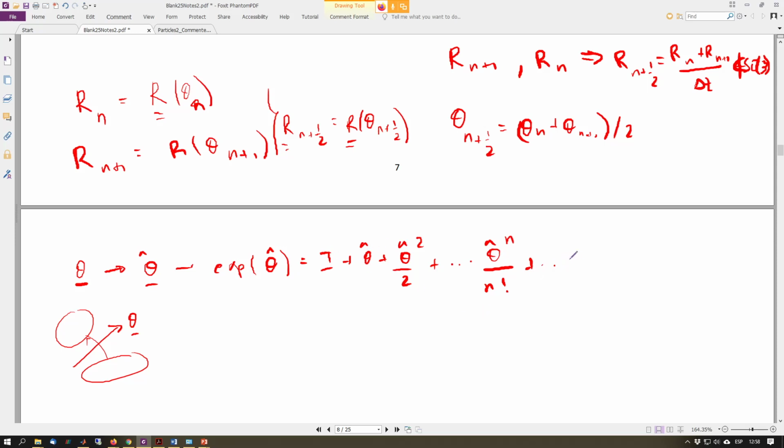And with that you would get your rotation matrix, right? So you work with these angles.